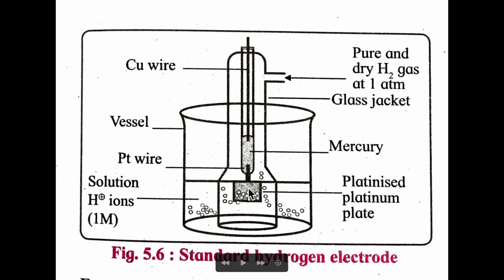This platinized platinum plate is connected to the external circuit by this copper wire through this narrow glass tube which is sealed. In this glass tube, at the bottom, mercury is added for the electrical contact. Now this glass tube is covered by a glass jacket.